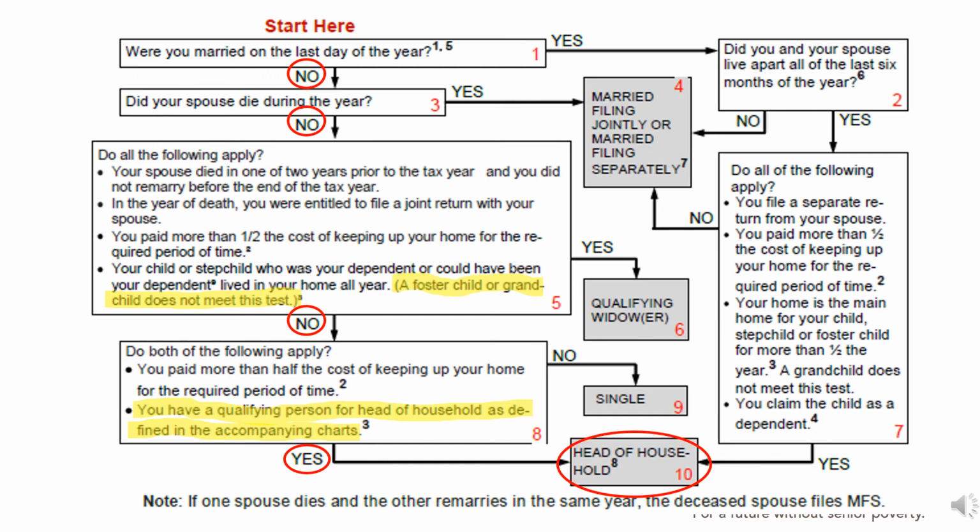Here you actually have to leave the filing status decision tree and go to the qualifying child, qualifying relative charts, and use those decision trees to establish that bullet number 2 also applies. Since it does, that means head of household is the filing status that she would use for the following year.